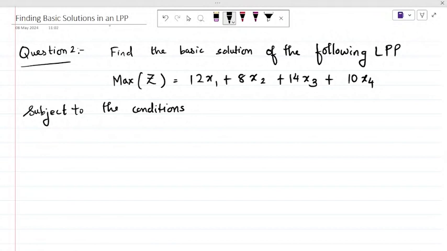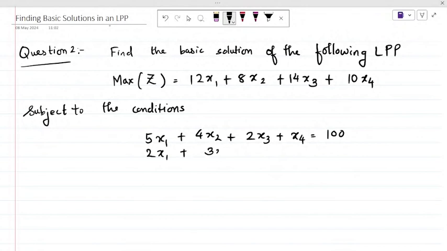The conditions are: first, 5x1 plus 4x2 plus 2x3 plus x4 equals 100, and then they have said 2x1 plus 3x2 plus 8x3 plus x4 equals 75.